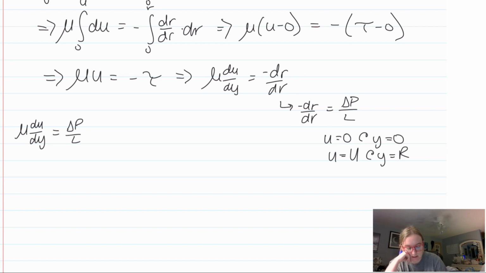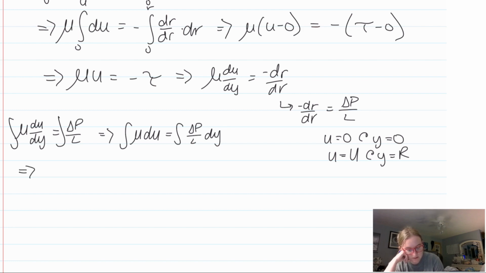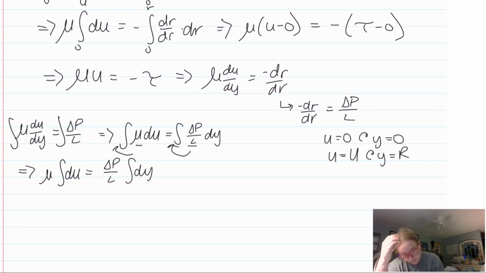So we'll start by integrating both sides with respect to y. We integrate, and we'll get the integral of mu du is equal to the integral of delta P over L dy, which would then simplify, taking both of these in front of the integral. Mu integral du is equal to delta P over L integral of dy.